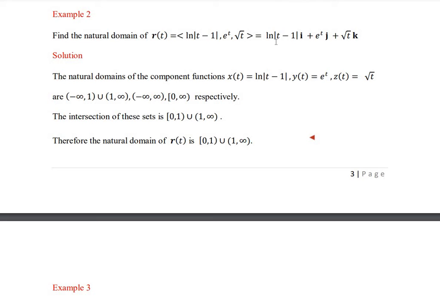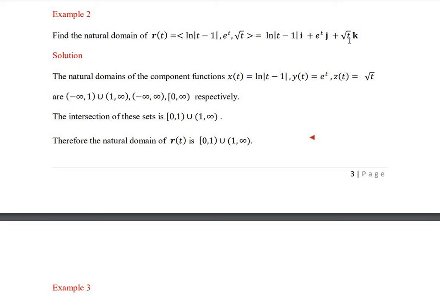So the natural domain of natural logarithm of mod t minus 1 is the open interval minus infinity to 1 union 1 to infinity. The natural domain of the component e raised to t is minus infinity to infinity.